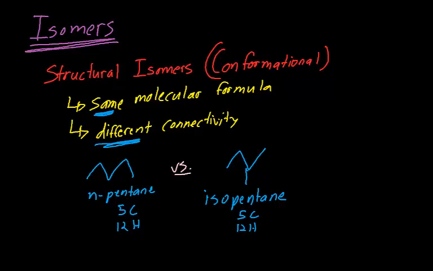So they have the same number of carbons and hydrogens, but they're just connected differently. You can see there's a methyl substituent on the isopentane, and the N-pentane is just a straight chain. So structural isomers basically just have a different connectivity. That is kind of the first main type of isomer you need to know.